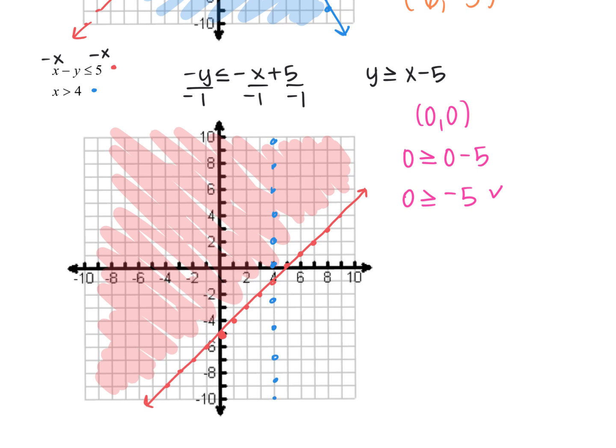This is strictly greater than, which means we have a dashed line here. And then everything greater than 4 is everything on the right side. So shade that. And then I look for my solution region where they overlap, which is in that top right part.